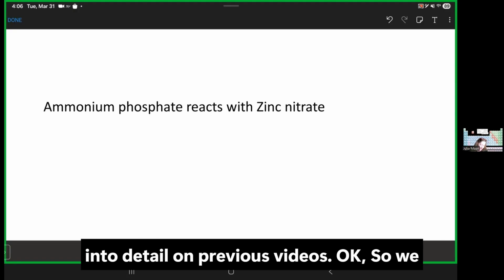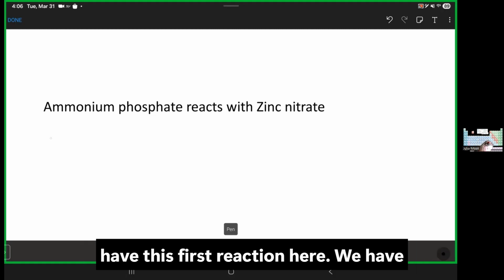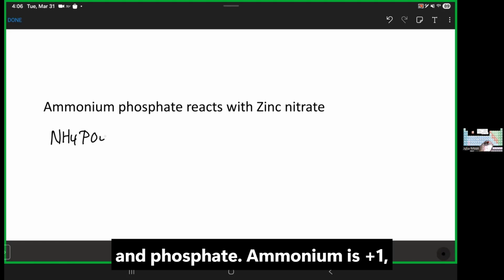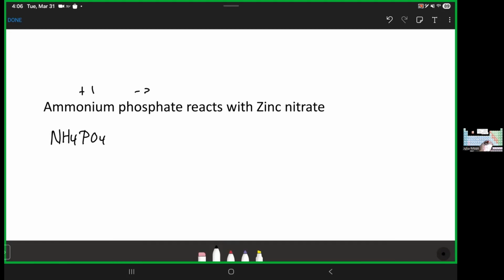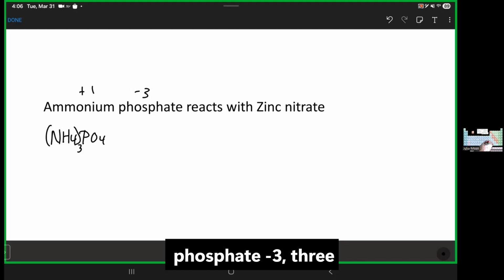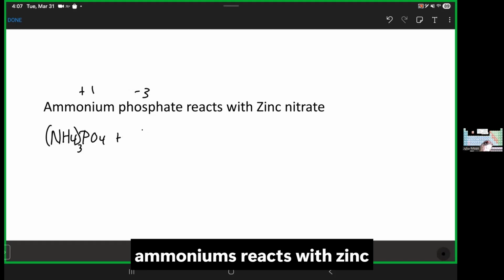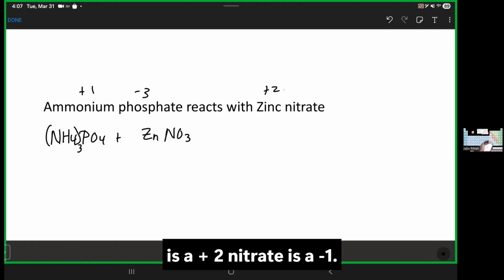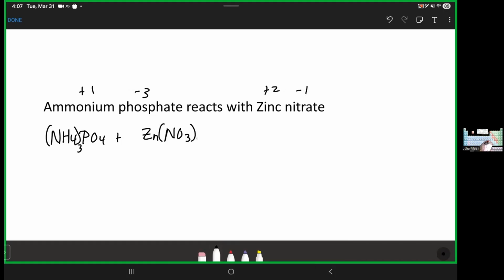Okay, so we have this first reaction here. We have ammonium phosphate. So I have ammonium and phosphate. Ammonium's +1, phosphate -3, 3 ammoniums. Reacts with zinc nitrate. Zinc is a +2, nitrate's a -1.